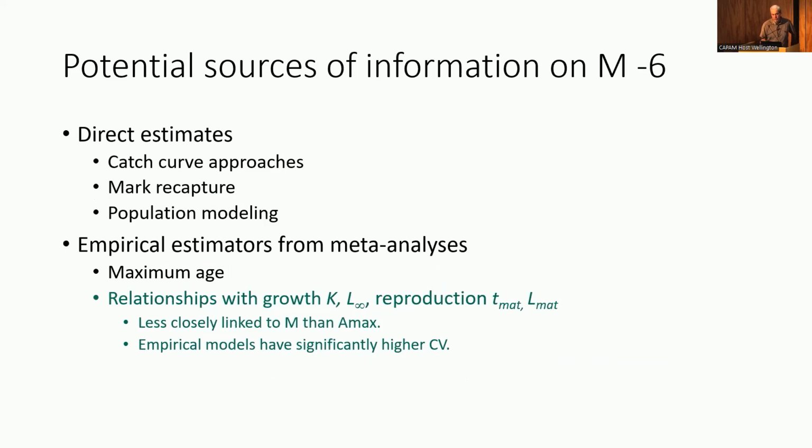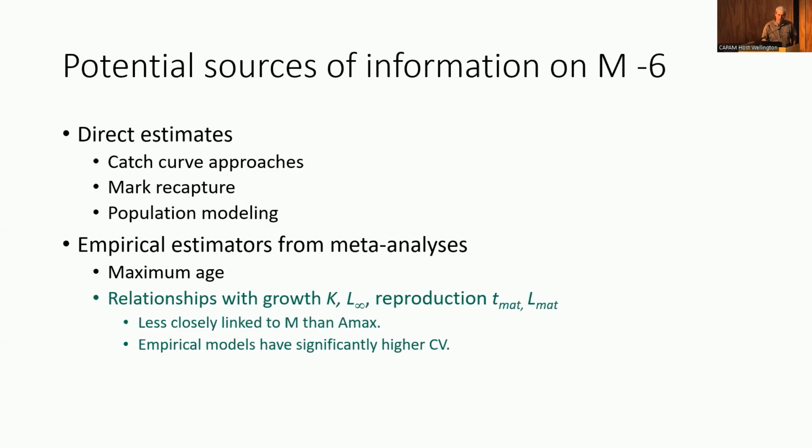There are also relationships with growth, K and L infinity, and reproductive parameters. These don't have such a natural link with Amax. I mean, it's pretty obvious why there's a relationship between Amax and natural mortality, but the relationships with these other parameters are more in the nature of hypotheses.